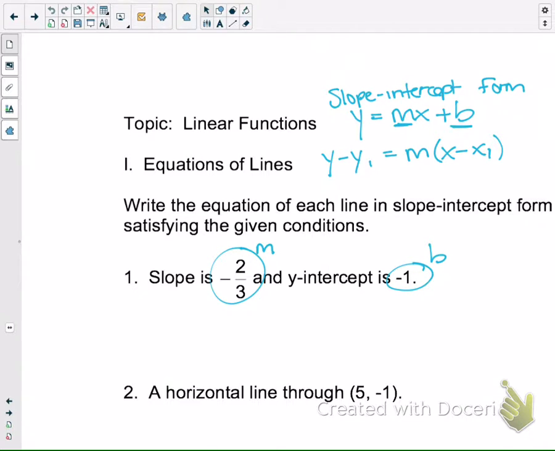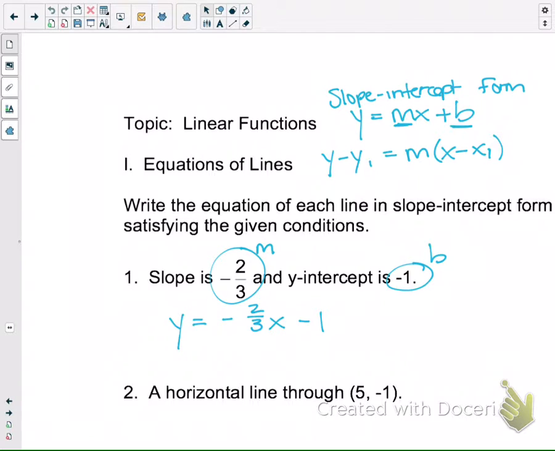I don't have anything to solve for in that one. All I have to do is take those numbers and plug them in. Those are like your gimme problems. They should be the easiest ones on the test. This one, your equation of your line should be y equals negative 2/3 x minus 1. All you're doing is plugging it in that case.